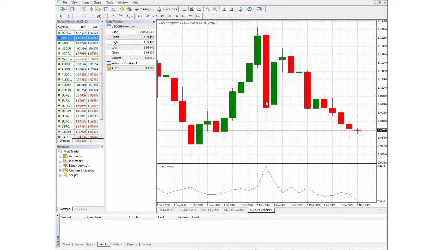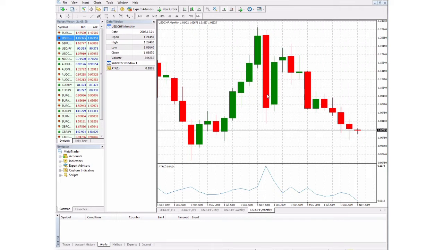So the size of the bars, the magnitude of the move, makes a big difference too. Some may have the pattern that you're looking for, but not be of the right range of volatility to fit within your risk parameters.